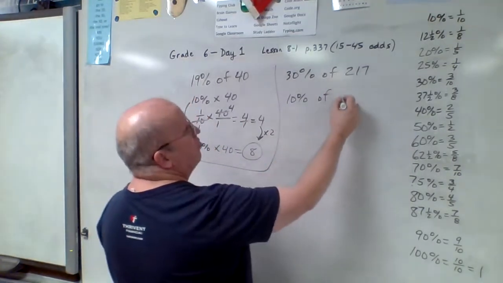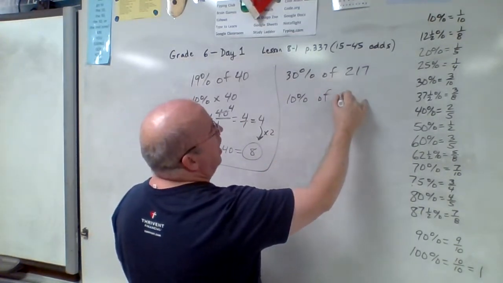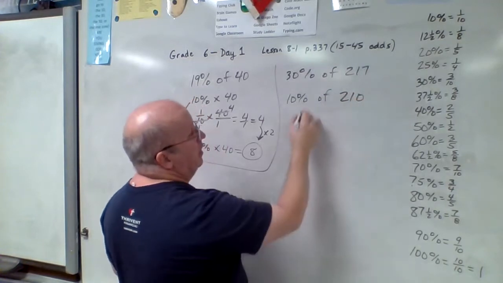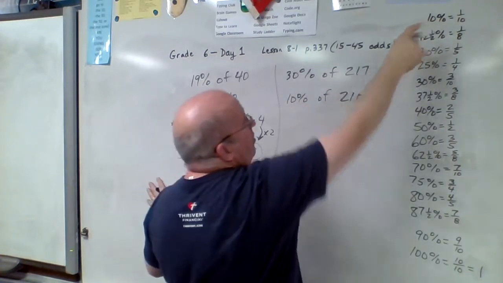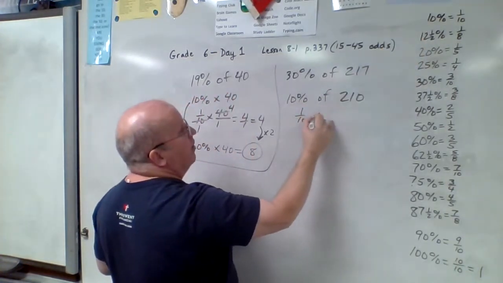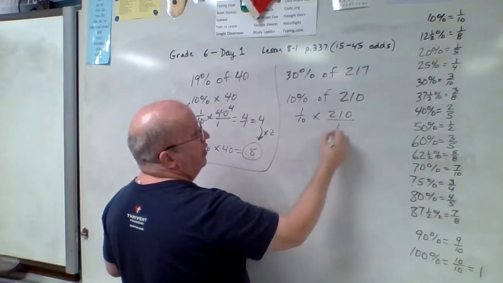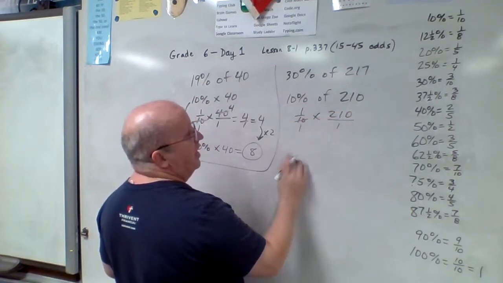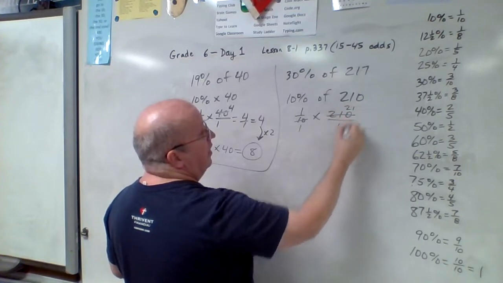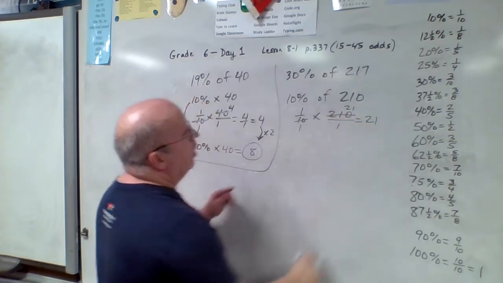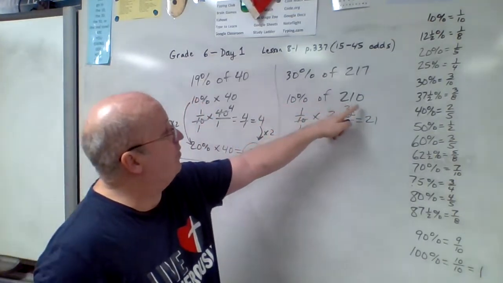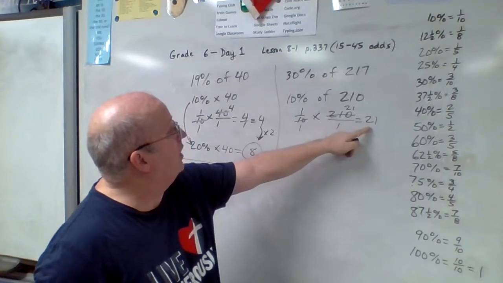So I'm going to change 217 to, how about 210? And 10% is again 1/10 of 210. Can I divide these both by 10? Yes. And I get an answer of 21. So 10% of this is 21.